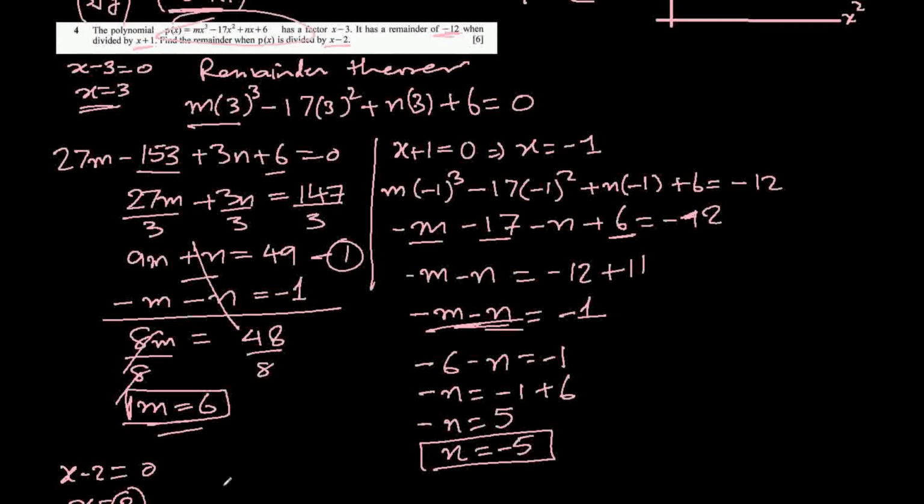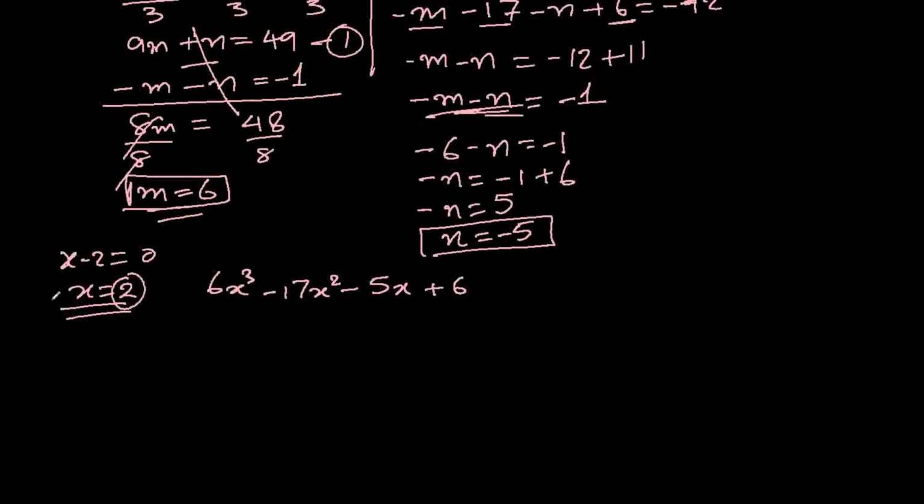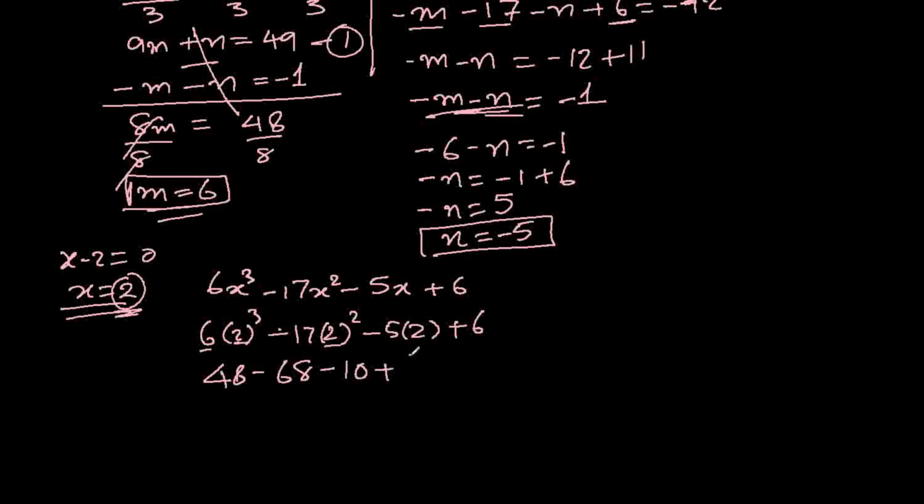So it will become 6x cube minus 17x square, then we have n equal to negative 5, so minus 5x plus 6. This is what we have as the polynomial, and now we will substitute x equal to 2. 6 times 2 cube minus 17 times 2 square minus 5 times 2 plus 6. 8 times 6 is 48. 17 times 4 is 68. 10 and 6.